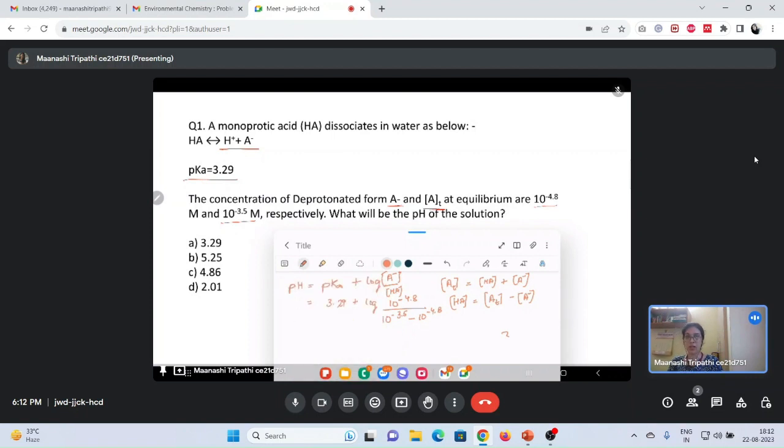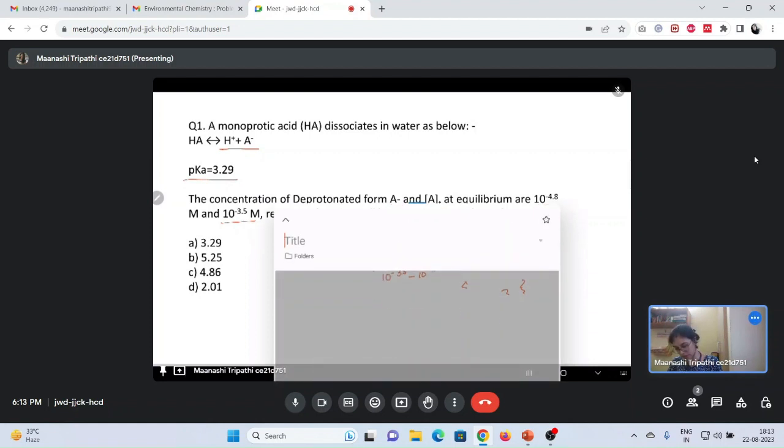So please solve this and let me know what you are getting as the pH of this particular solution. Okay, I hope you have solved the question.